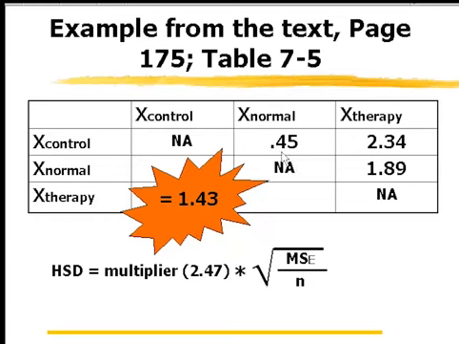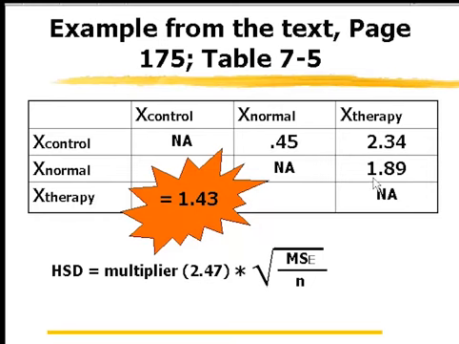So what we find is that the difference between the control and the normal group, the 13.55 and the 14.0, is less than 1.43. So this is not statistically significantly different. And then what we find is that the patients who were provided with therapy were significantly different because each of these mean differences is greater than 1.43.